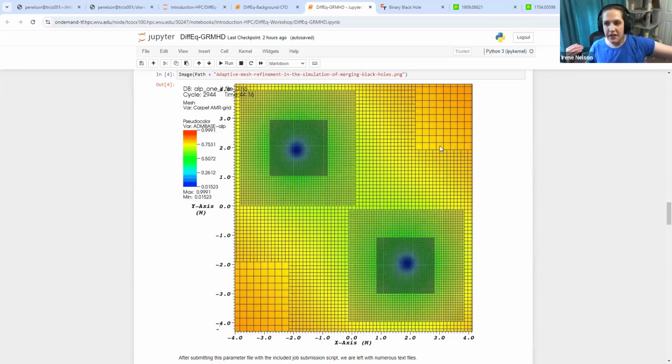However, if we tried to do that everywhere, that would take up an incredibly huge amount of memory, and we don't want to do that. So we have the finer grids where we need them and the coarser grids where we can get away with them.